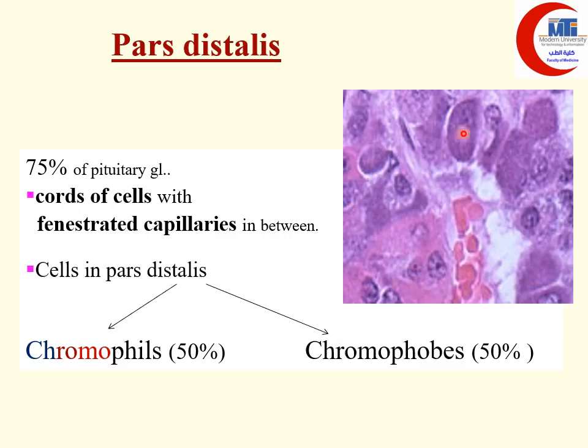If they take the basic stain, they are called basophils. So the cells in the pars distalis may be acidophil or basophil, which are chromophil, or have no affinity to stains, called chromophobe.